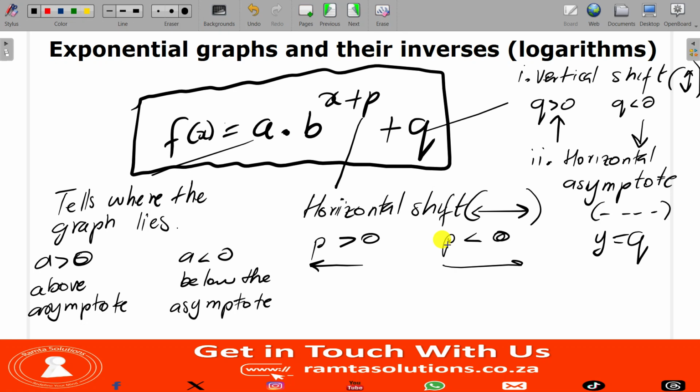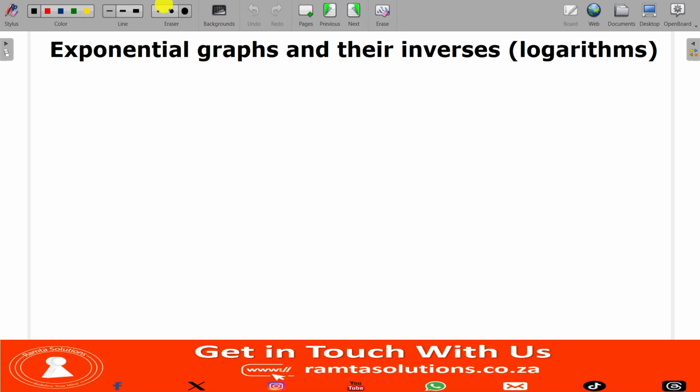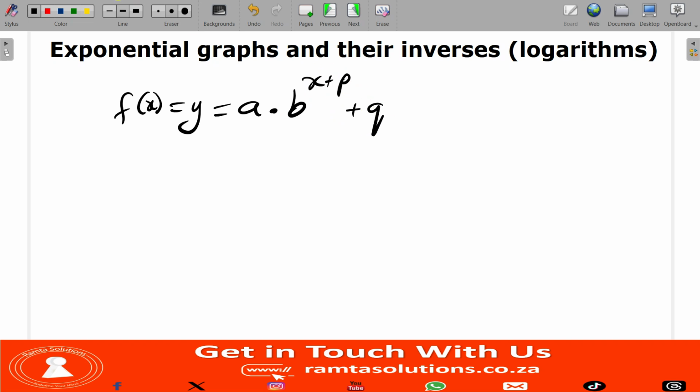What I'm going to give you now is the summary of how your exponential function looks. But I also need to expand on this equation. So let's go to the next page. We are saying f of x, which is equal to y, is a times b to the power x plus p, plus q.